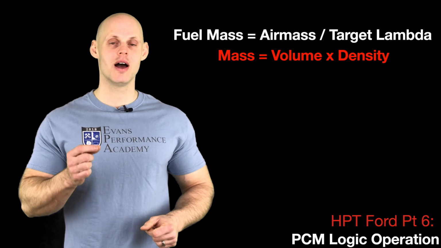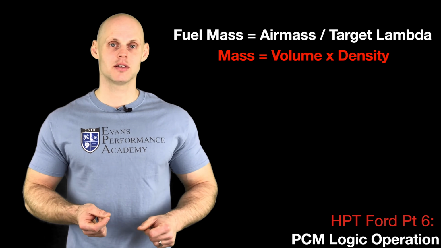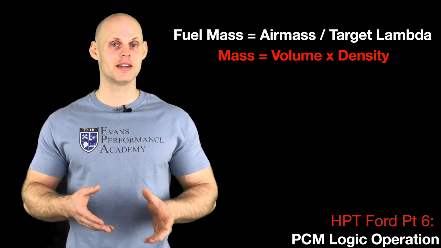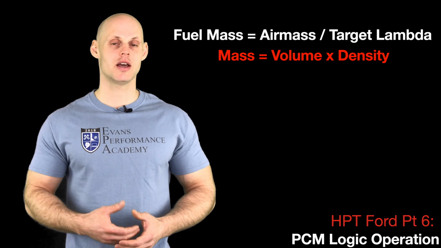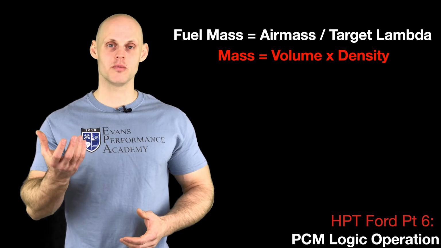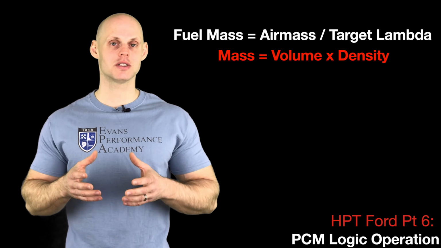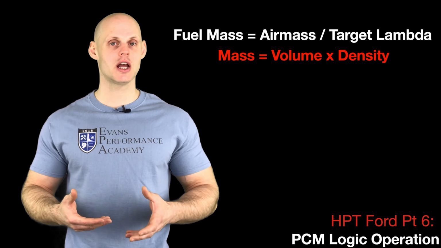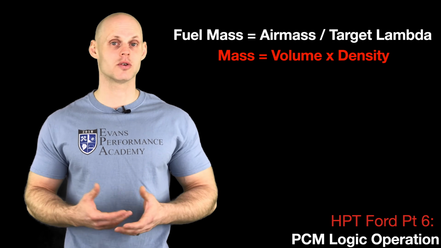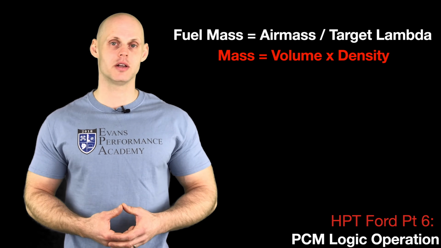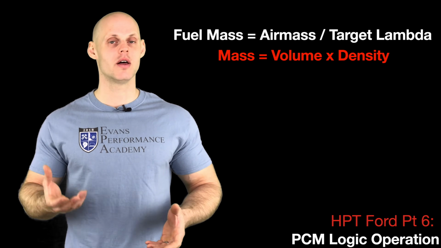When we're talking about the mass of a substance, this is going to be the volume and the density. So we can relate to this a little bit better: if we're taking a look at a cup of water, we know what the volume of that cup is going to be, and depending on the substance we place in the cup, that'll change the mass of the cup filled with that particular substance. If we're talking about a cup full of water, we can determine what that mass is going to be. We know the volume of the cup.